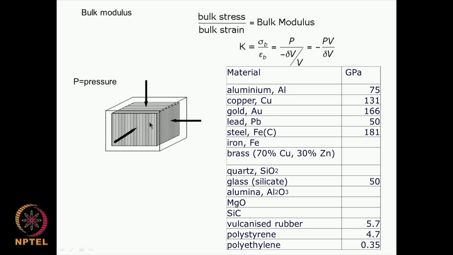Here volume comes into the picture: change in the volume divided by original volume is called the bulk strain, and the stress is nothing but pressure, because force by area is again pressure, if you remember from your school days. This is called the bulk modulus. These are some bulk modulus data for different materials, you can see here.